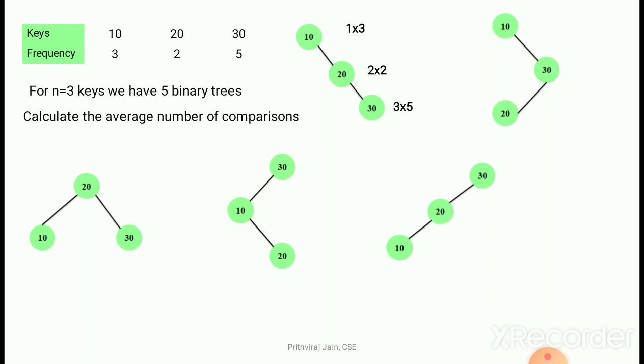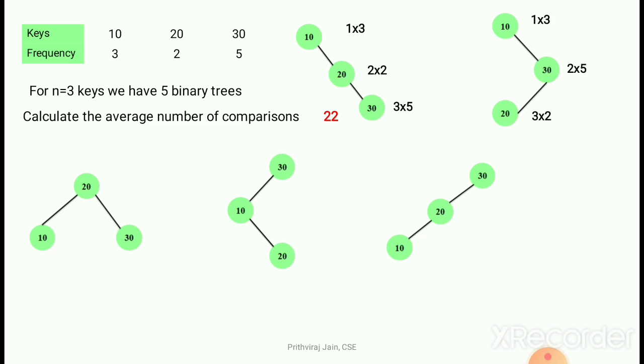Then in the third level we have 30, and the frequency is 5, so 3 into 5. If you add all this after multiplying, we will get 22. So the total number of comparisons for this tree is 22.